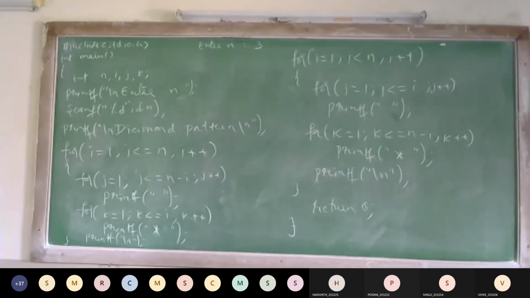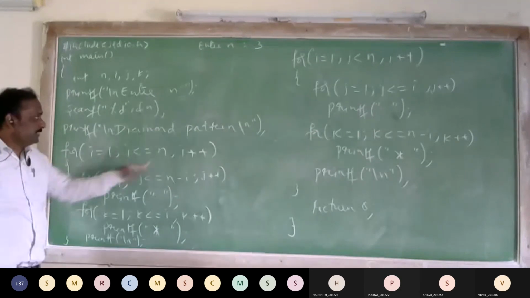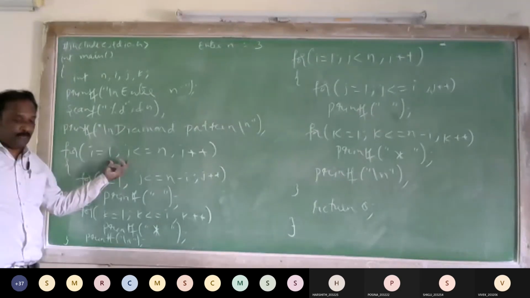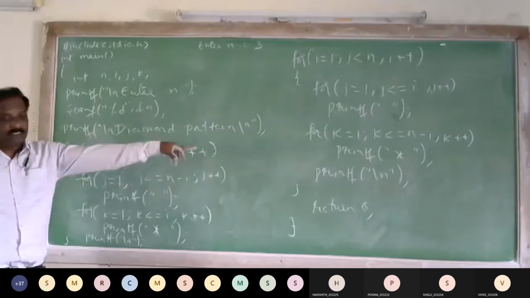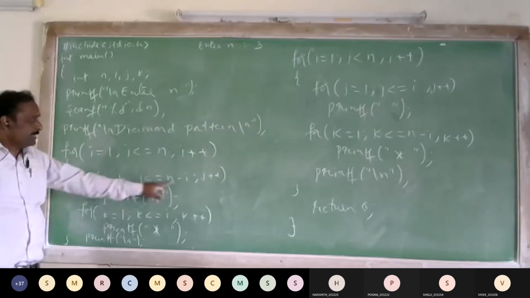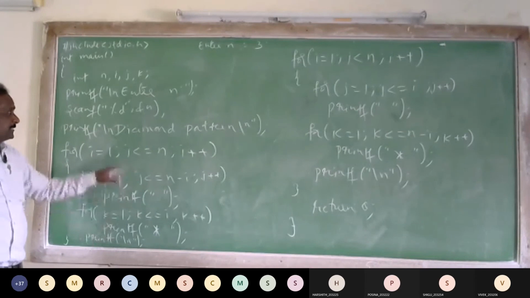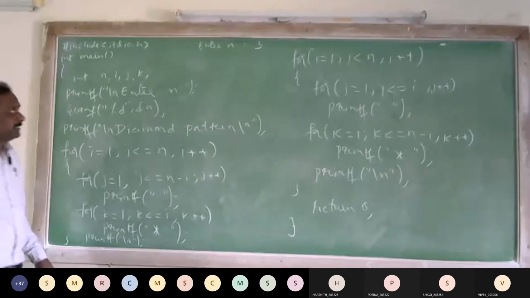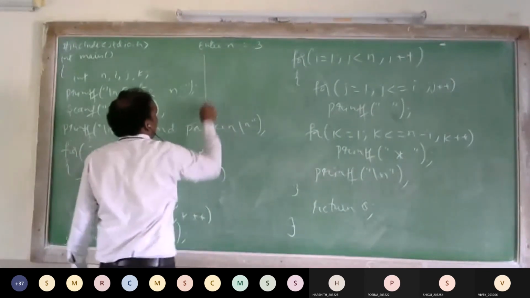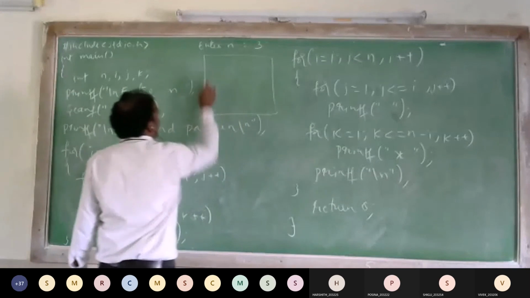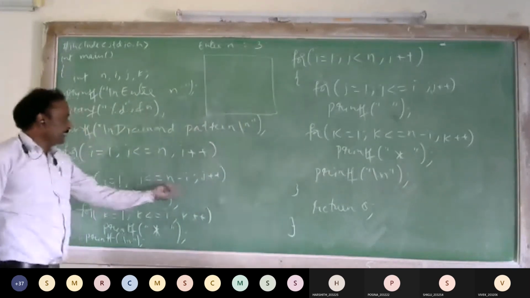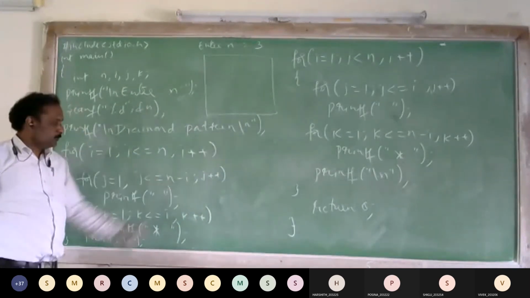n as 3. So, we are in the first row now. This is for the top pyramid, that is for the reverse pyramid. Now, n minus i. So, how many spaces? 3 minus 1, 2 spaces.